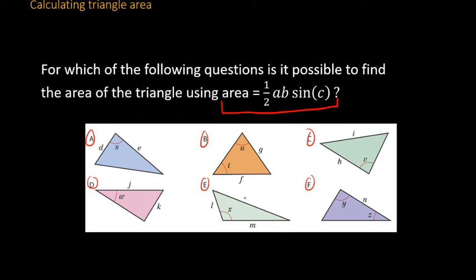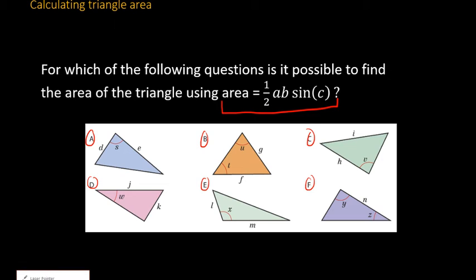So don't get bogged down in what the actual variables and sides and angles are named. Just notice which ones are given to you. Remember, it has to be two sides of the triangle and their included angle.